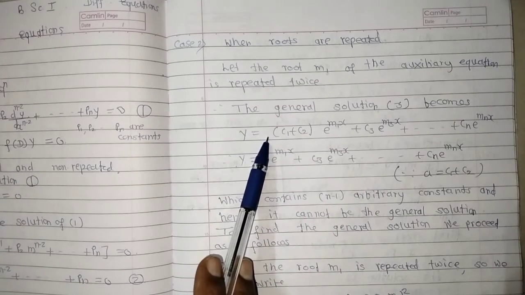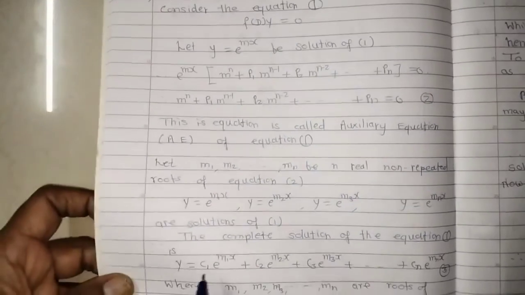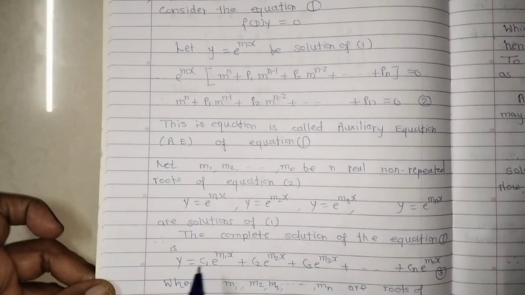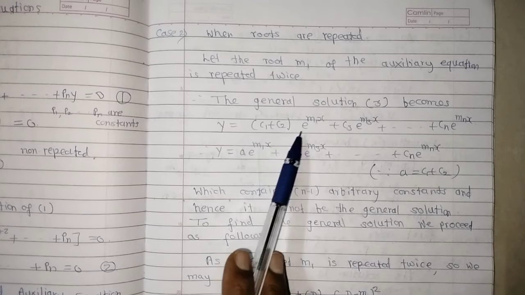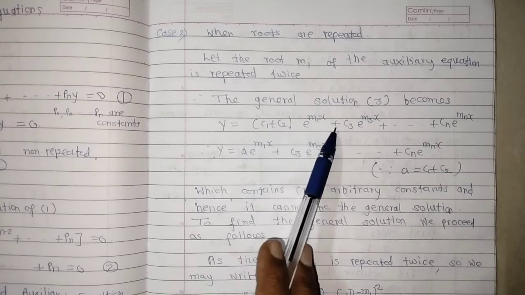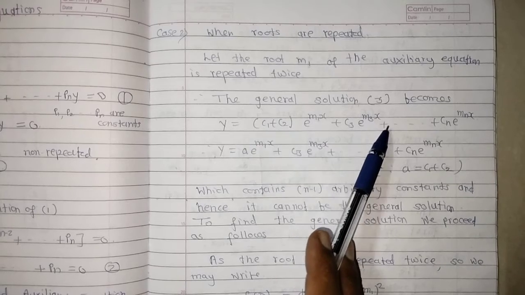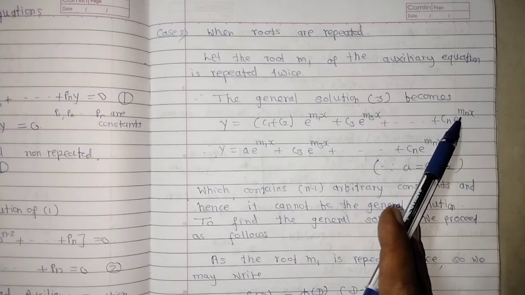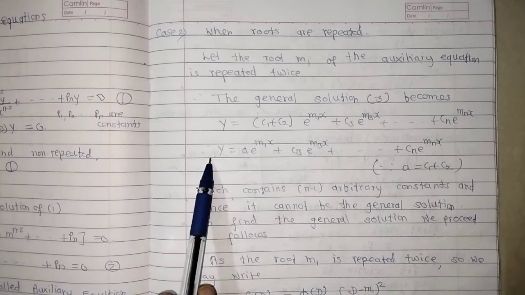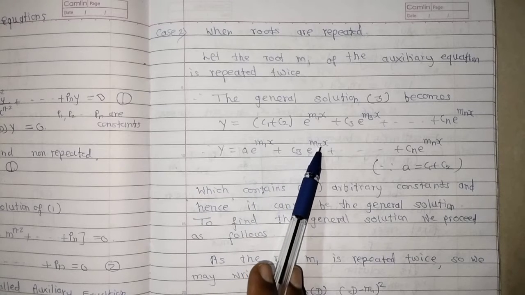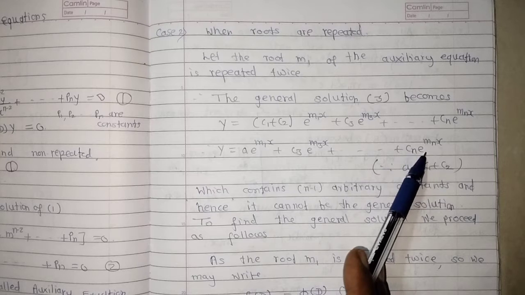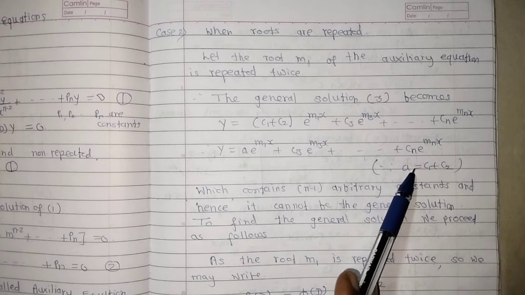Then the general solution 3, when m1 is repeated twice, becomes y = (c1 + c2) e^(m1 x), since m1 is repeated 2 times, + c3 e^(m3 x) + ... + cn e^(mn x). Hence y = a e^(m1 x) + c3 e^(m3 x) + ... + cn e^(mn x), since a = c1 + c2.